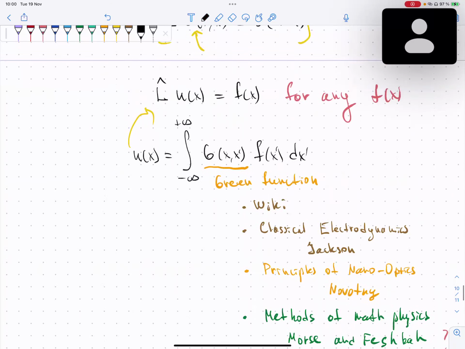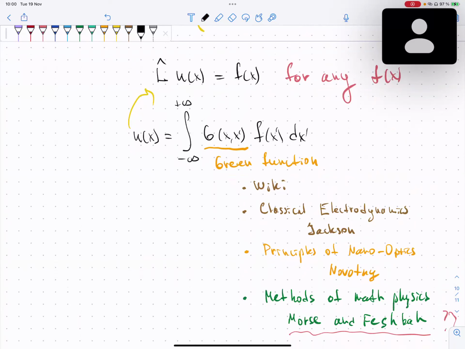So basically, the Green function is a function that allows us to find the solution of a non-homogeneous differential equation for every right-hand part.